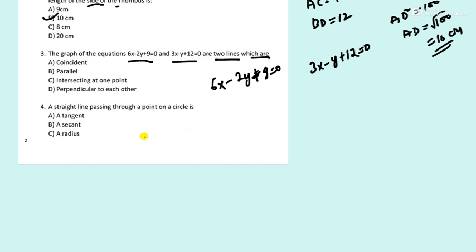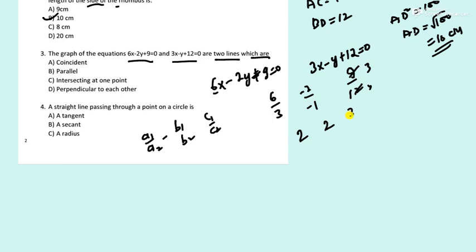You have to relate a1 by a2, b1 by b2 and c1 by c2. So here 6 by 3, minus 2 by minus 1, 9 by 12. When you simplify, you will get here 2, here also 2, here you will get 3 3s are 3 4s are 3 by 4.